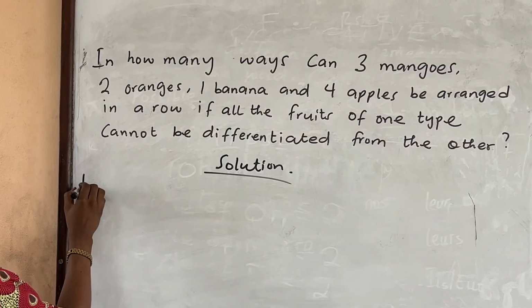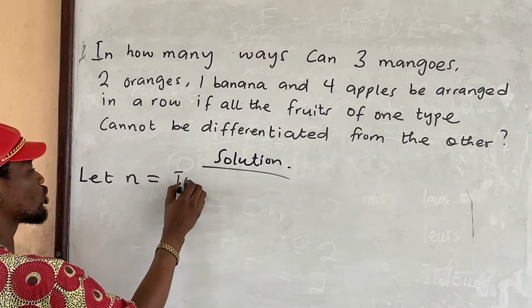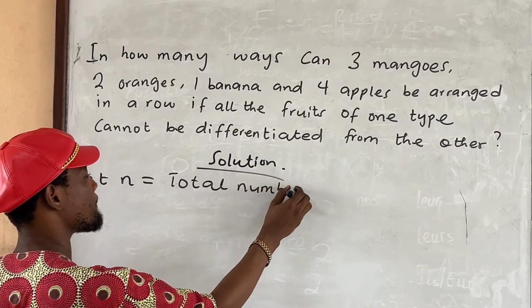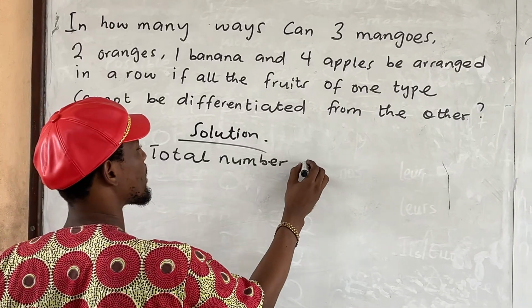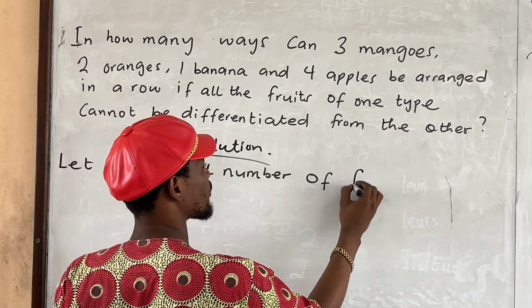So we say let n denote the total number of fruits.